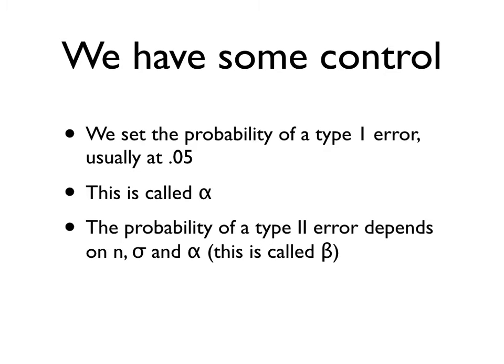It depends on alpha, sigma, that's the variance or standard deviation, and the effect size. And it's called beta. And unfortunately, beta is going to mean something else as well in about 3 weeks. And again, it's not my fault. It's easily discernible, the two of them, but they use the same Greek letters, which is really annoying.